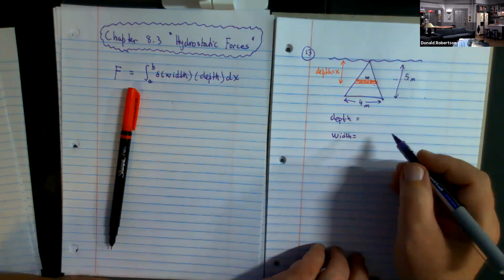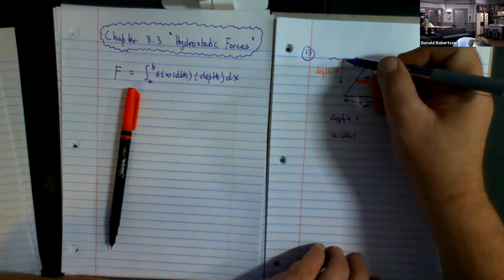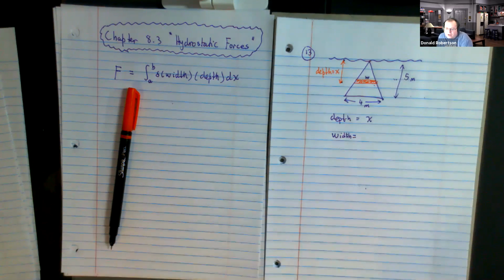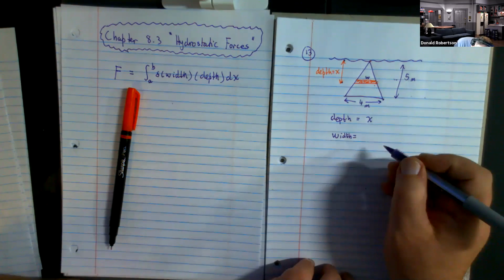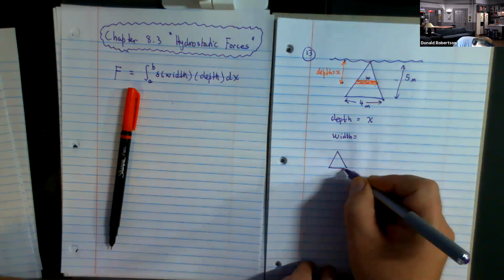Okay, so if the distance from there to there is the depth, and I'm calling that X, then there you go. Now, to get the width, we build similar triangles.